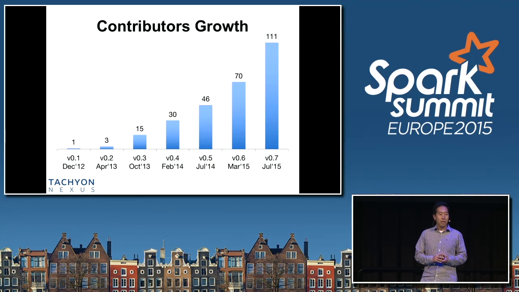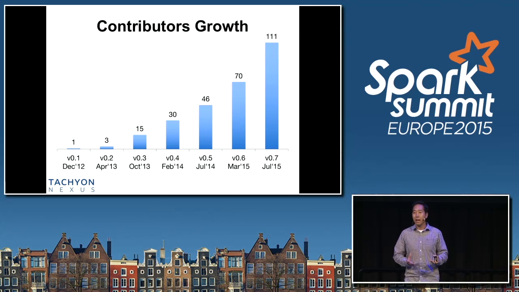Since this is an open source project, here's an overview of how the community has been growing. Obviously when Tachyon started out in 2012, there was only one committer to Tachyon, and as the versions continued to progress, Tachyon's been getting more and more contributors to the project.